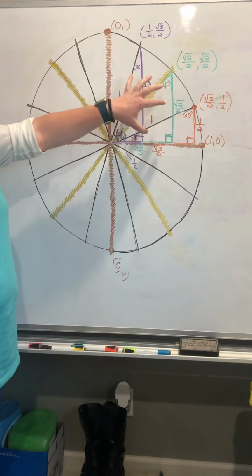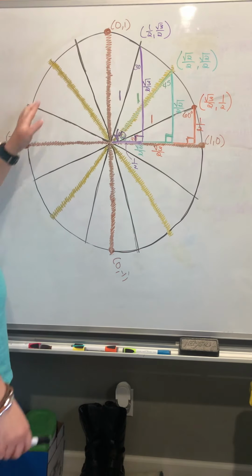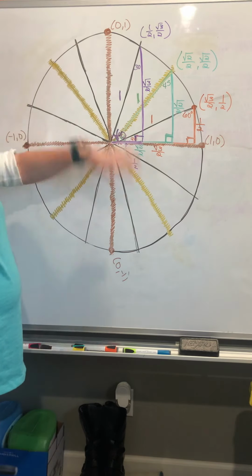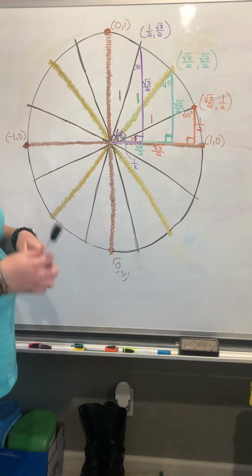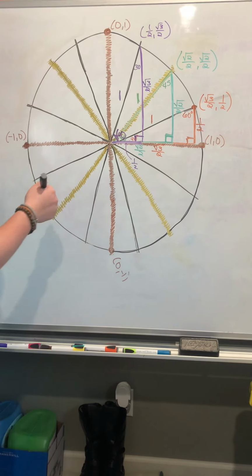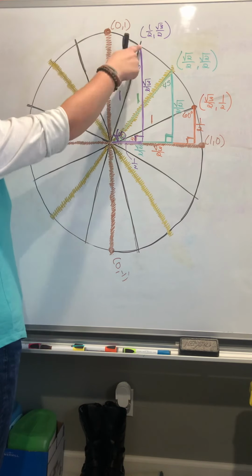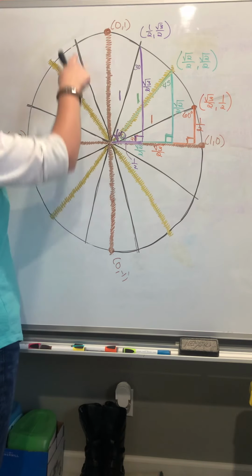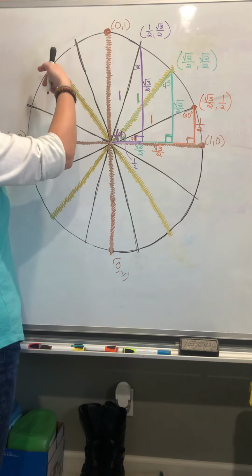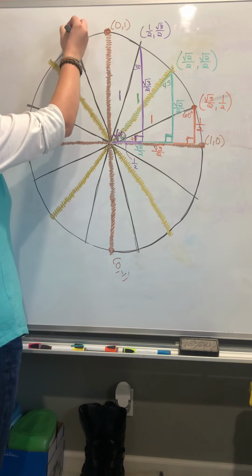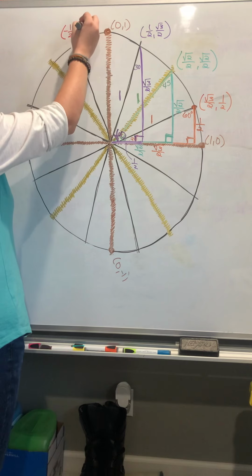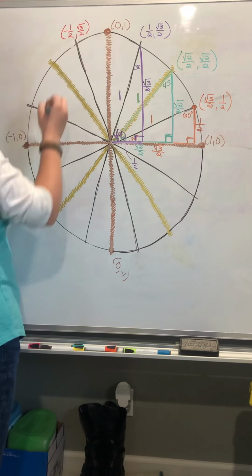And then all you have to do is think about the fact that the triangle is going to be flipping over and reflecting across the x and y axis as you go around the circle. So when you're plotting these points, this is the exact same height and distance away from the center. It's only in the negative direction now. So this is going to be negative 1/2, square root of 3 over 2.